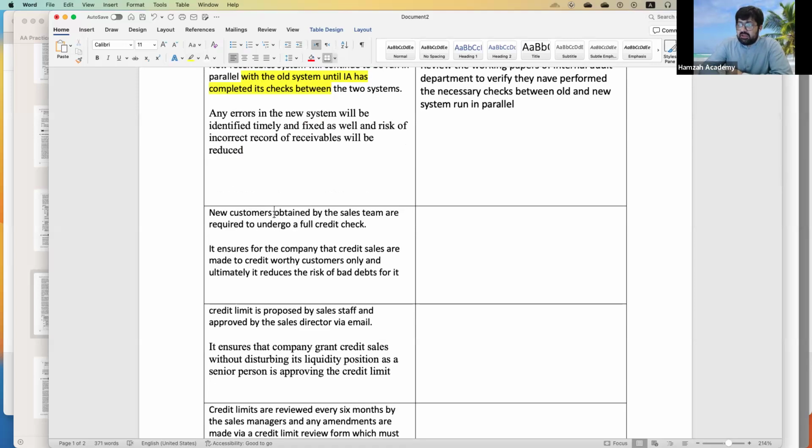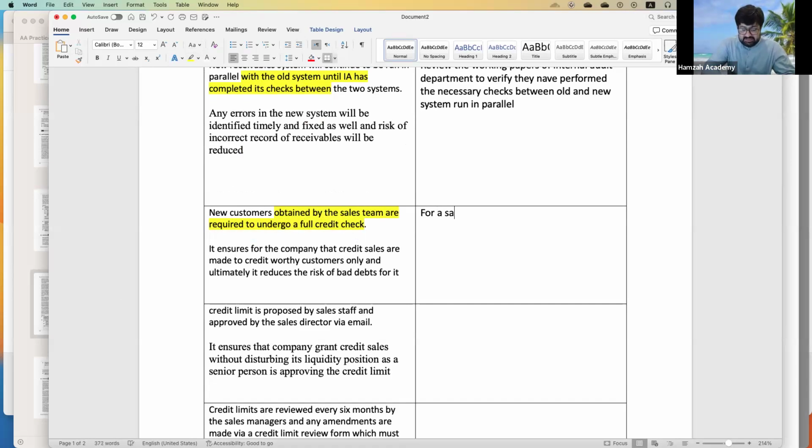New customer obtained by sales team are required to. Yes, this is happening. What will be test of control? That this is being done for new customer. So, how to check it is happening?